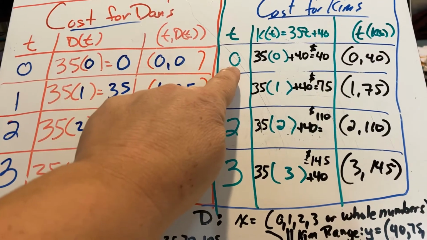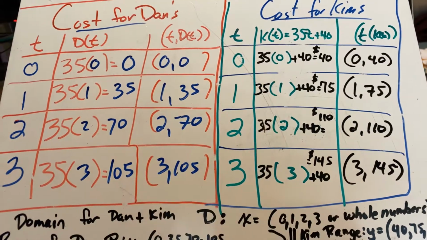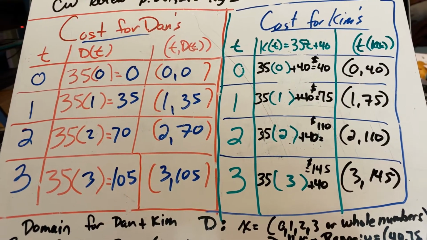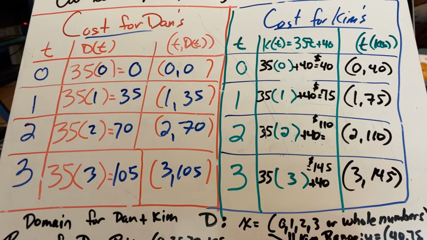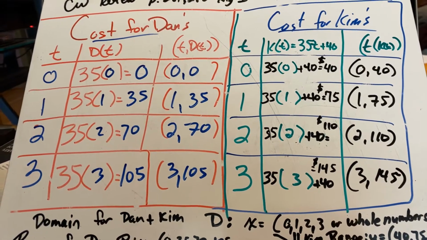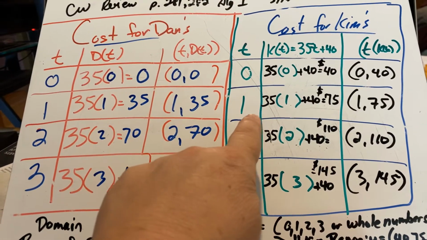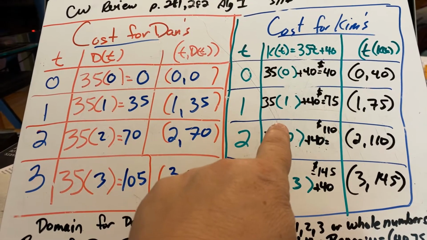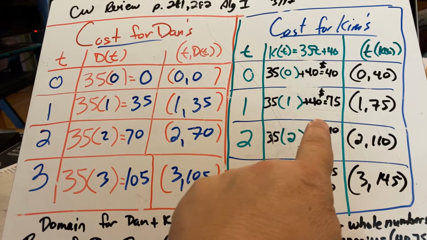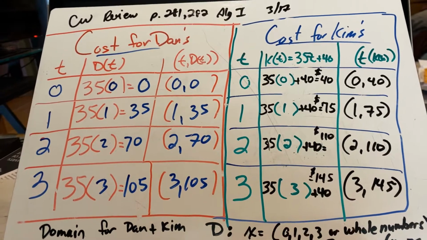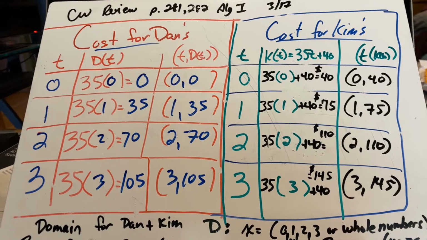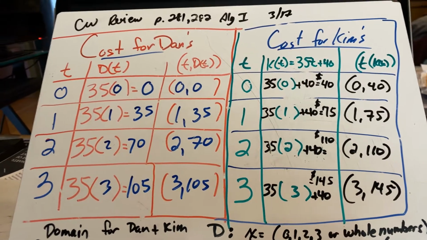So for 0 hours of work, you get 35 times 0 plus 40. So 35 times 0 is 0, plus 40 is 40. For 1 hour of labor, utilizing Kim's company, 35 multiplicación 1 y 40 son 75. So 35 times 1 plus 40 gives me a cost of $75.